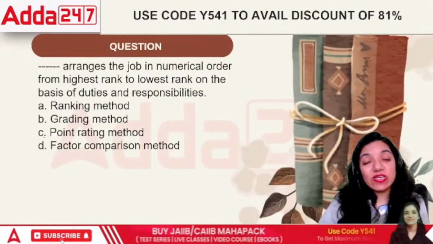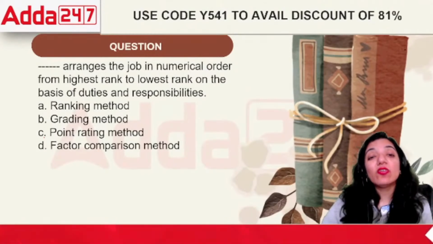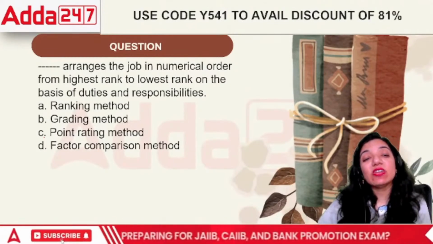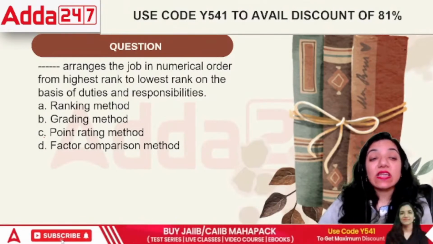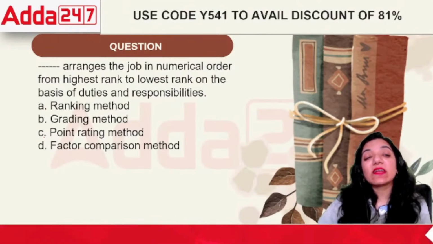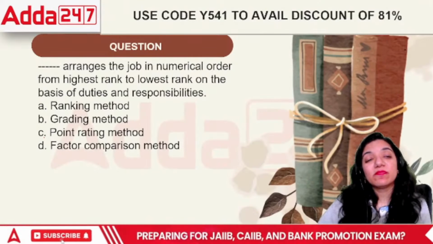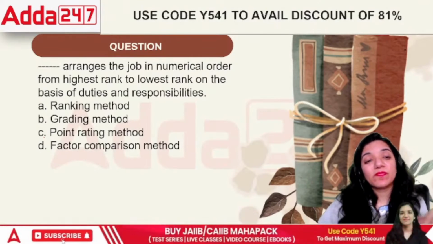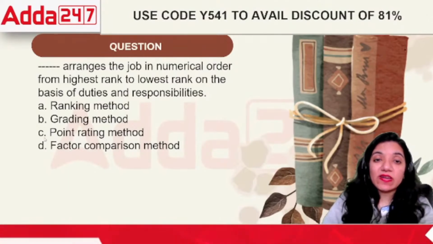Then dash arranges the jobs in numerical order from highest rank to the lowest rank on the basis of duties and responsibilities. Is it the ranking method, grading method, point rating method, or factor comparison method? What would be the correct answer, everyone?